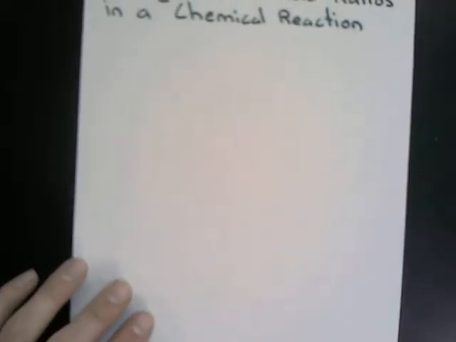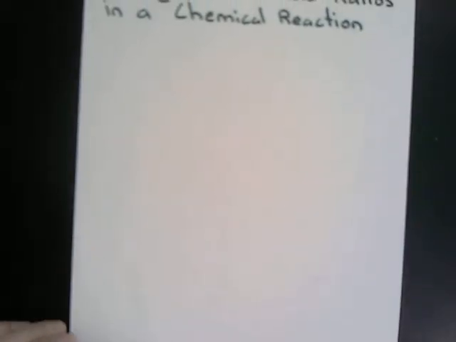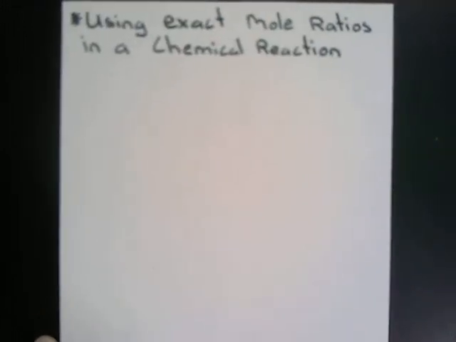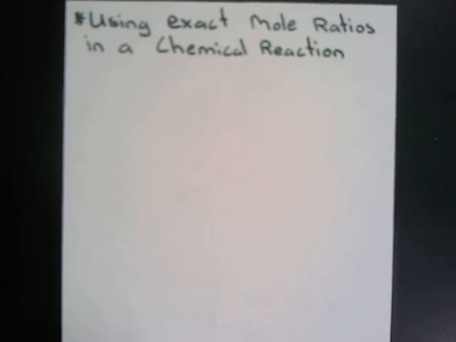All right, so you may be wondering, why use exact mole ratios in a chemical reaction, or why might it not work? So the first thing that we need to think about here is this. Some reactions do not continue until all the reactants are used up.